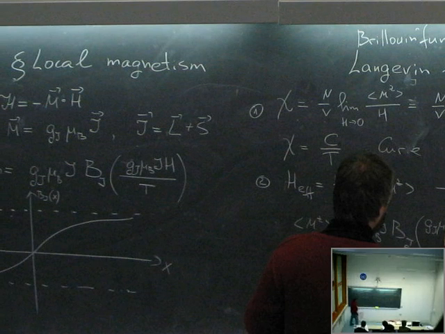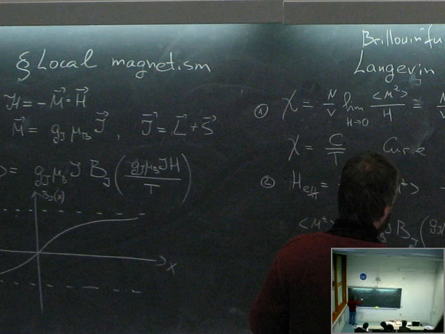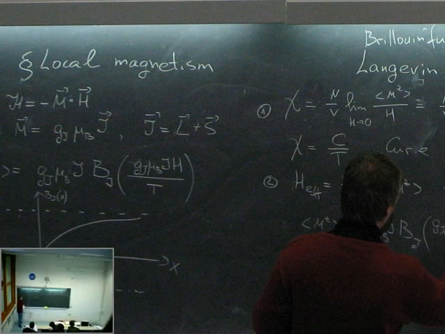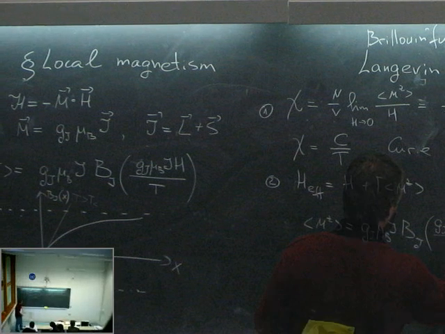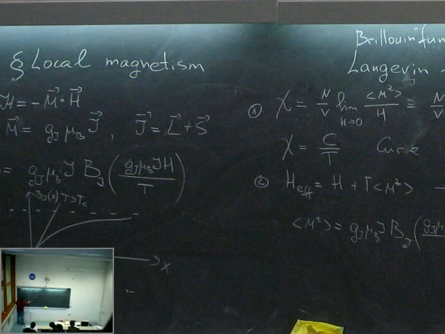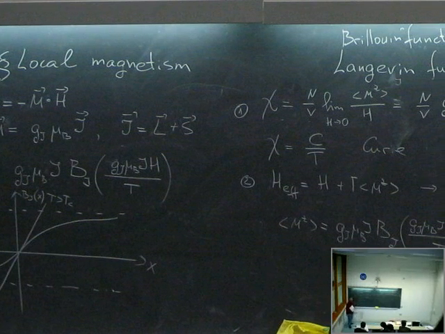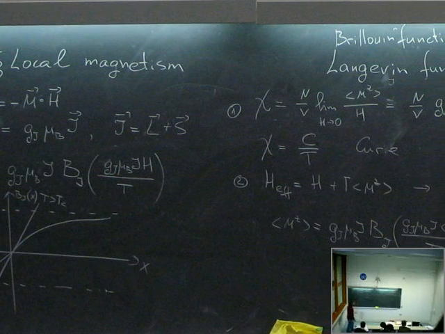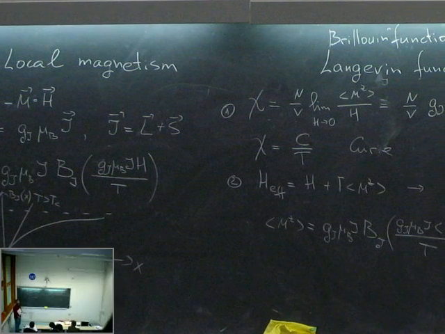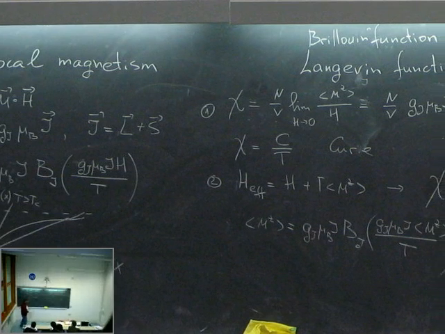And solving this equation, we again realize that there are two limits. If T is larger than Tc, then only the trivial solution of the equation exists. If, however, T is smaller than Tc, then two solutions appear, corresponding to two different directions of magnetization, up and down.